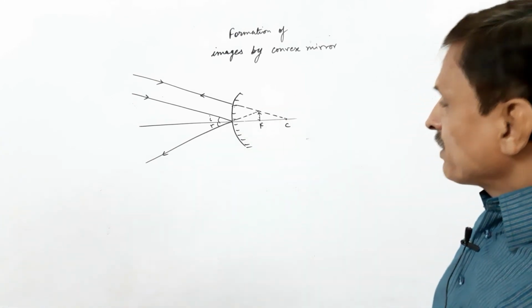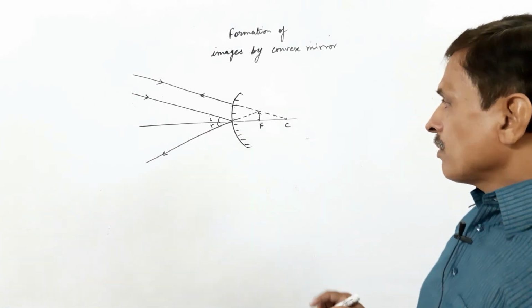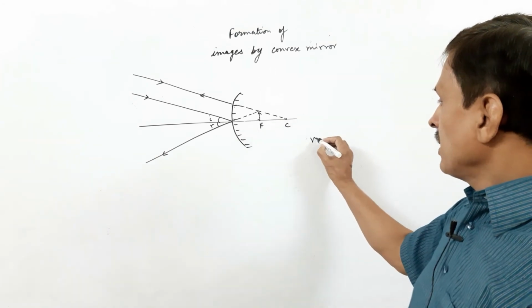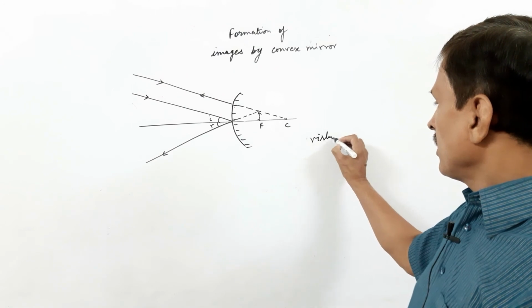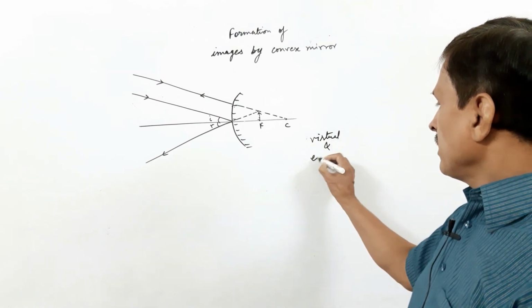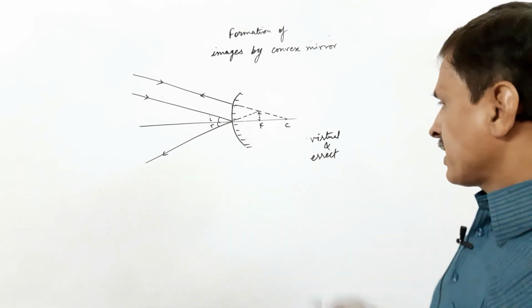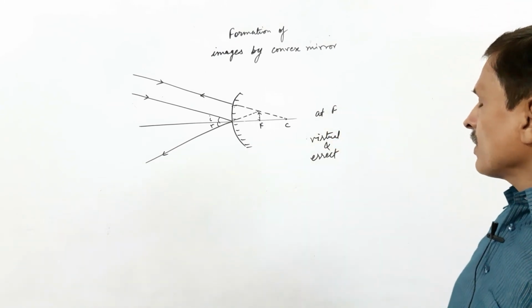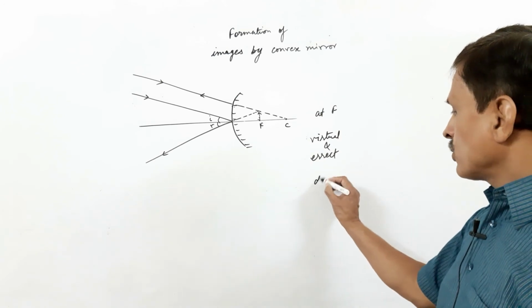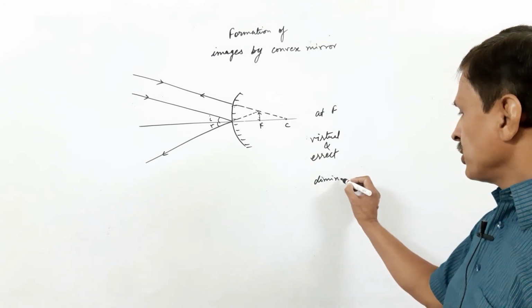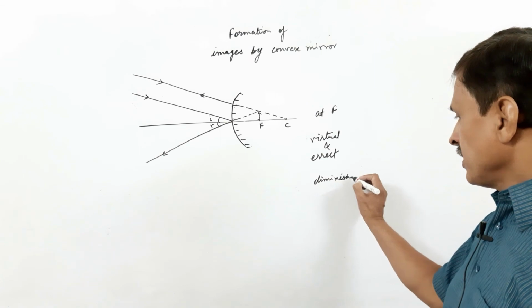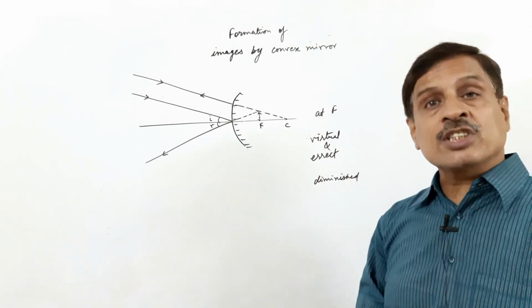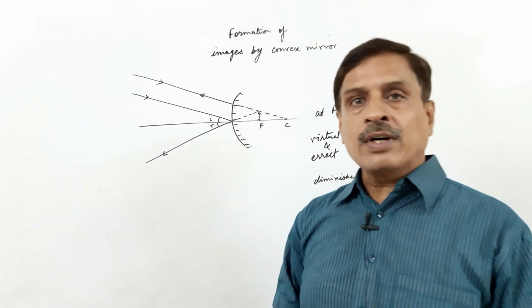If we observe the nature of the image, it is virtual and erect. It is at focus and also diminished, that is smaller than the size of the object, rather much smaller than the size of the object.